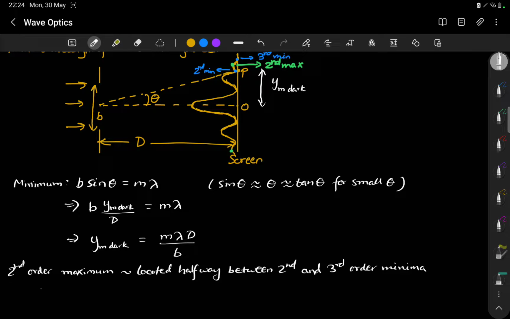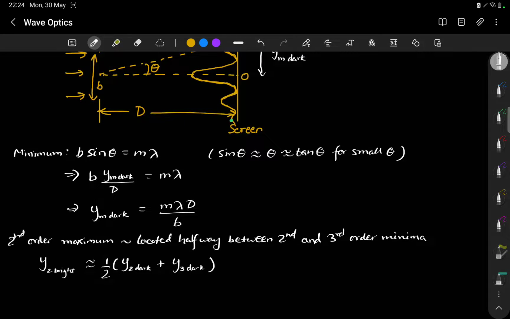So the position of the second order bright fringe is approximately, I should write approximately, halfway between second and third order minimum. So approximately like this.